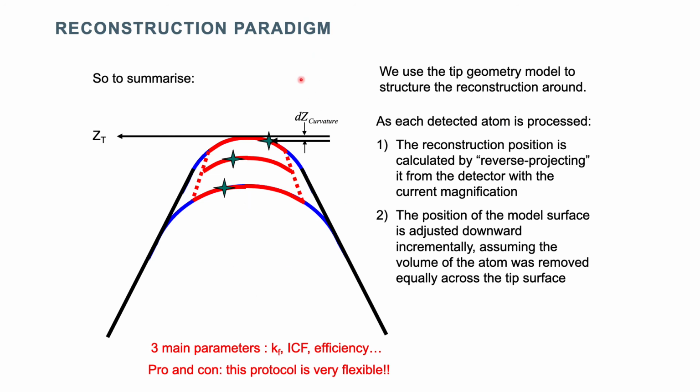And as each ion is processed, we reconstruct this as an atom onto this virtual emitting surface. So we just reverse project this position onto the spherical cap. And then we move the spherical cap down by just a tiny amount, which is proportional to the atomic volume and inversely proportional to the analyzed surface. And we do this sequentially. So the sequence in which we detect the ions is used to build the depth.